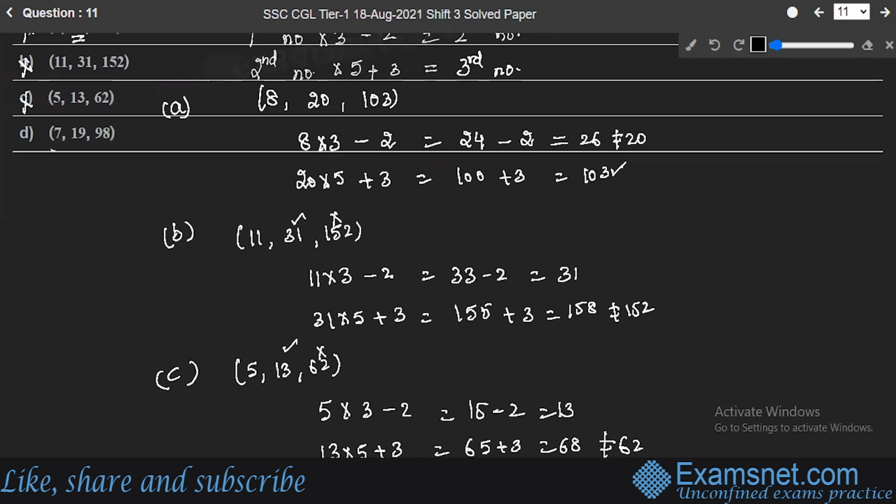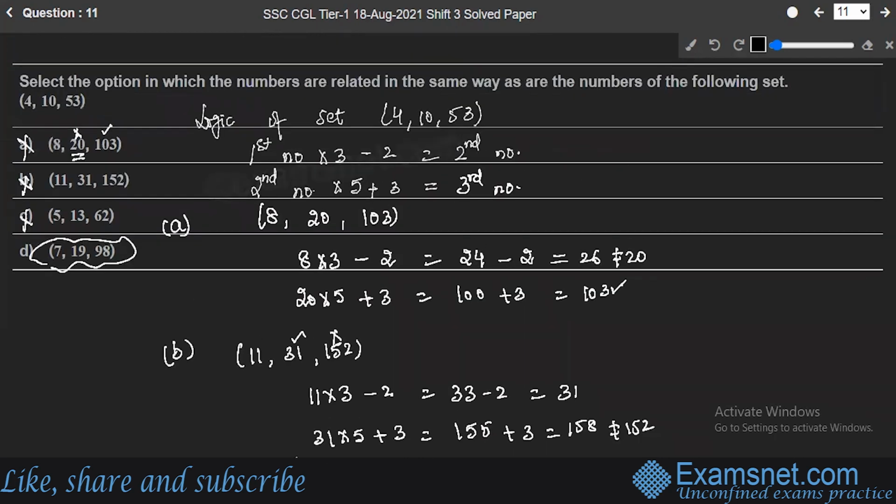So option D is the only one which follows the same logic as the given set. Our answer to the question is option D. Hope you are clear with this. Then let's move to the next question.